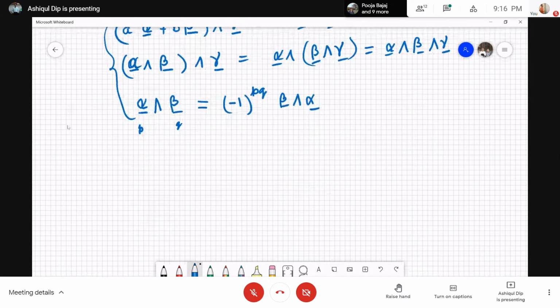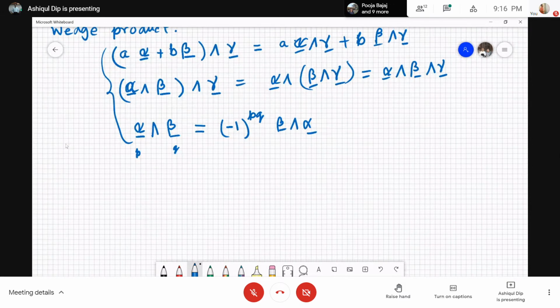If alpha and beta are one forms, then alpha wedge beta should be equal to -1 to the power 1 times 1 beta wedge alpha, which is basically negative beta wedge alpha.